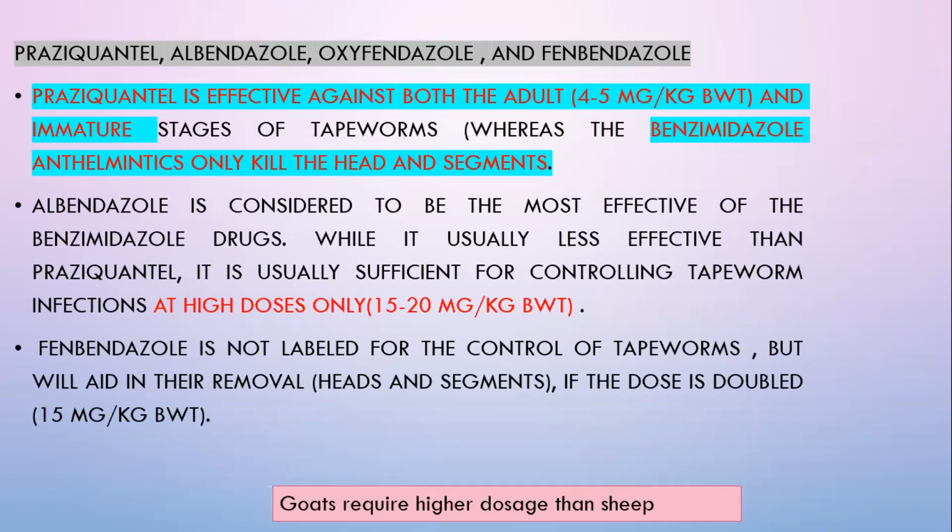Fenbendazole can be given, but only if the dose is doubled. Here praziquantel is the drug of choice, and goats require higher doses than sheep because of the higher metabolism in goats, and also because of the drug bioavailability.